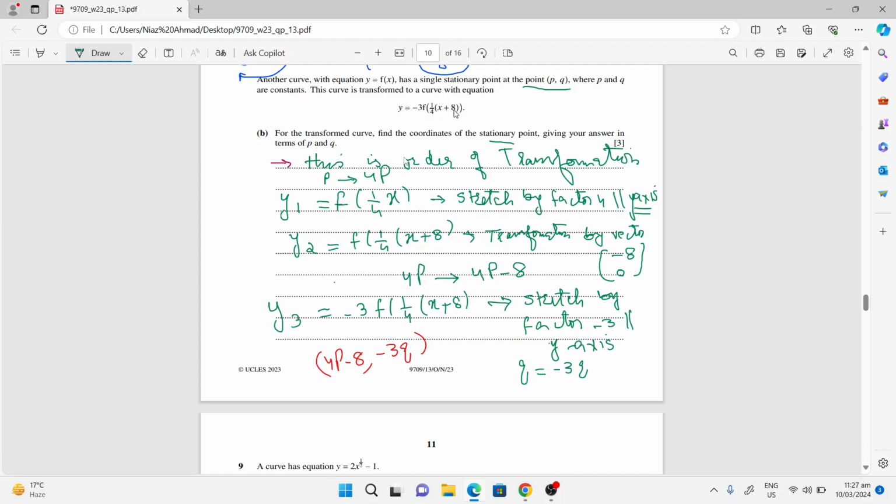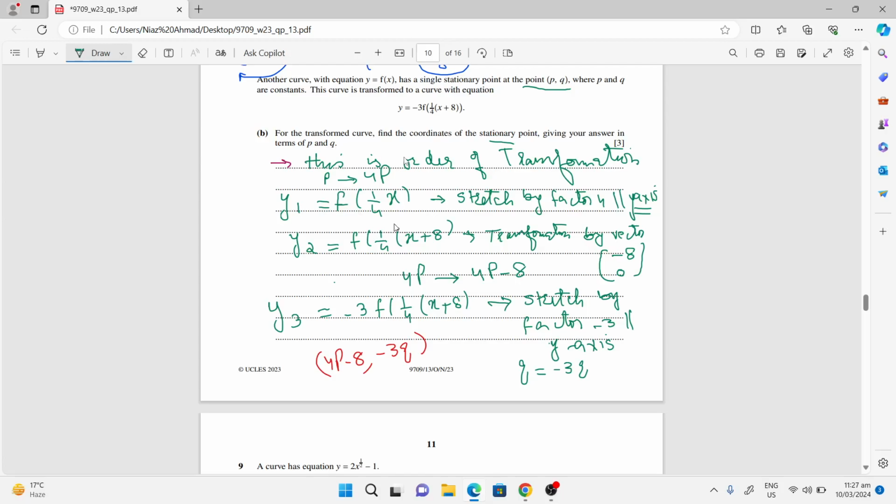This is telling you the complete story of all the cases that I have already told you. Find the coordinates of the stationary point for the transformed curve, giving your answer in terms of P and Q.